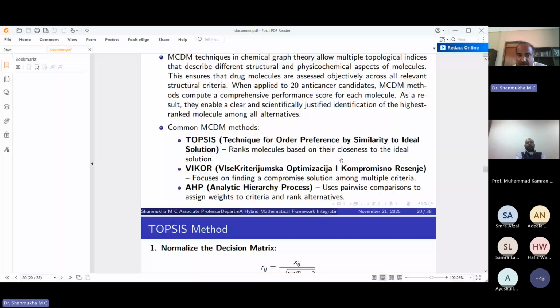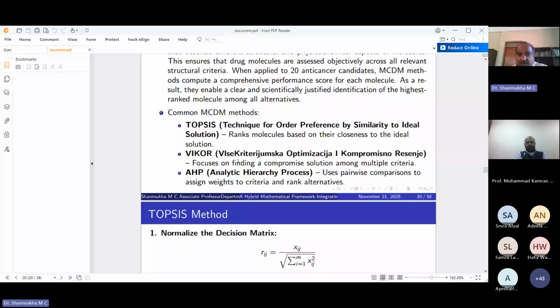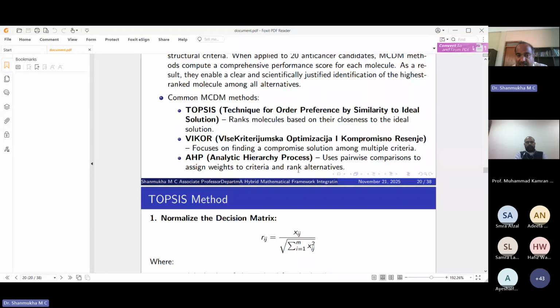Then VIKOR means VIseKriterijumska Optimizacija I Kompromisno Resenje. It focuses on finding a compromise solution among multiple criteria. Then AHP, analytic hierarchy process, uses pairwise comparisons to assign weights to the criteria and rank alternatives.